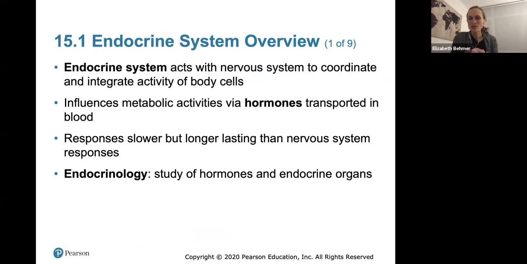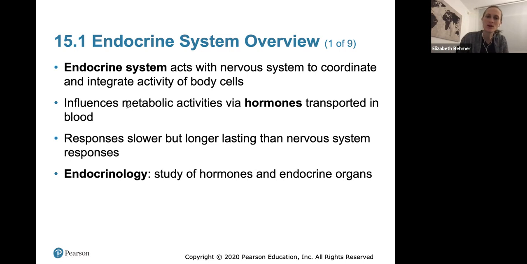All right, your endocrine system acts with your nervous system. We never can fully leave the nervous system behind, because your nervous system basically controls all of your other body systems. Your endocrine and nervous systems act together to coordinate and integrate the activity of all of your body cells. It influences metabolic activities.